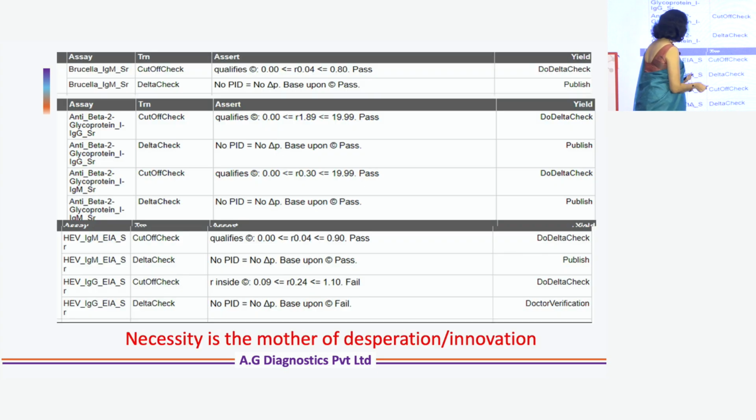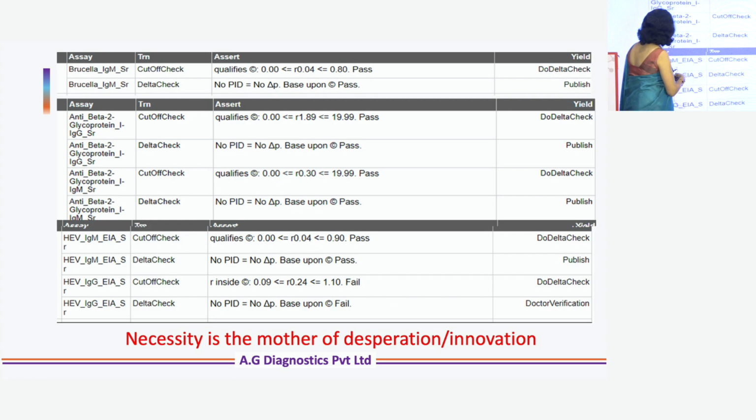So necessity, I had put in earlier that as our hemogram numbers increased, we had to do certain changes. Now when COVID hit, and then now when dengue and chikungunya are absolutely rampant in Pune, necessity is the mother of desperation is what I thought, an innovation.